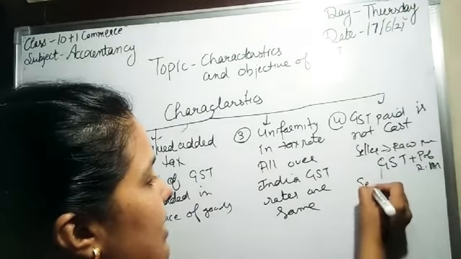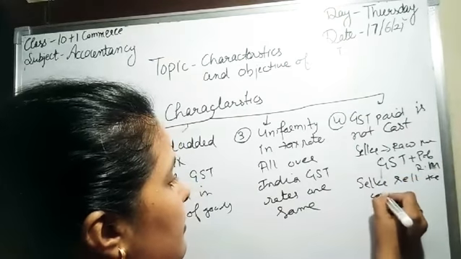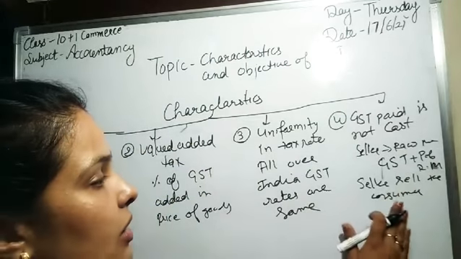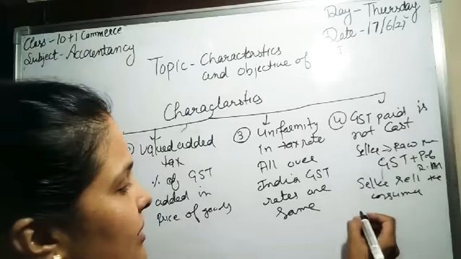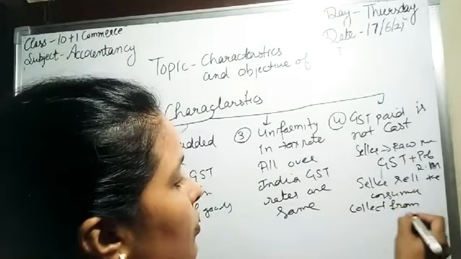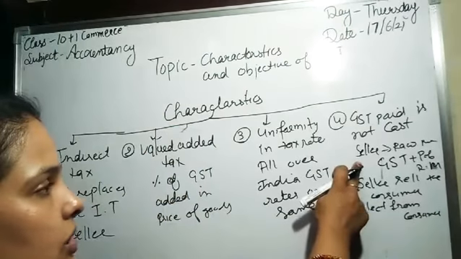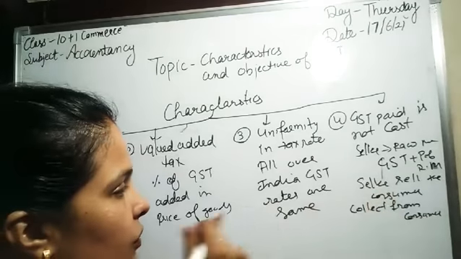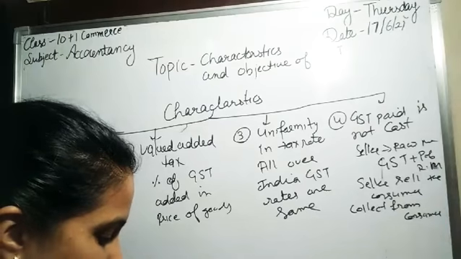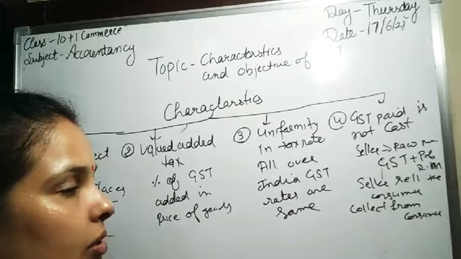After that, when the seller sells the goods to the consumer, at that time the seller collects GST from the consumer. So first he was the payer of GST, after that he was the collector of GST.